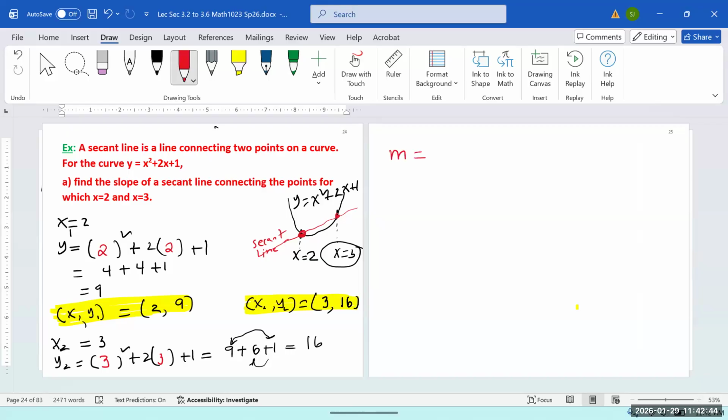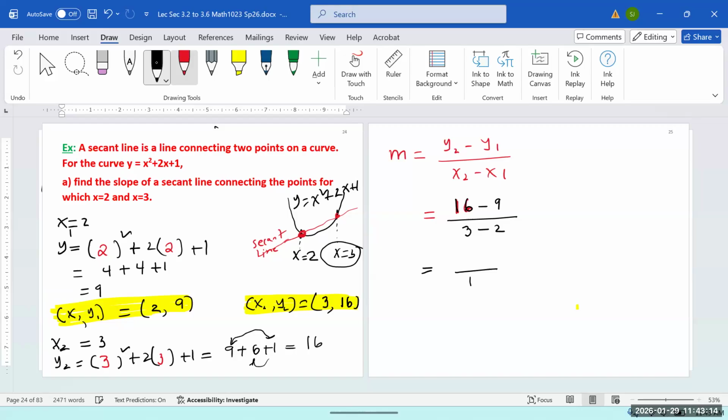Slope equals y2 minus y1 divided by x2 minus x1. So what do we write? What do we substitute? What minus what? 16 minus 9 divided by 3 minus 2. 3 minus 2 is 1, easy.